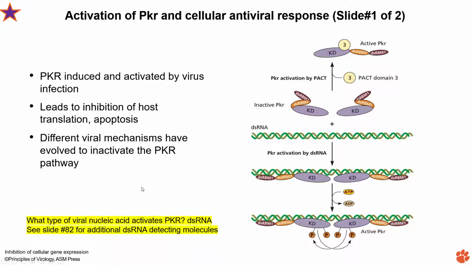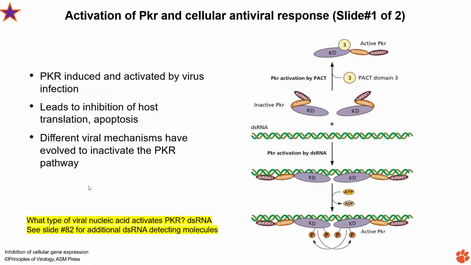We can just ask which of the following will activate PKR, and we can say dsRNA, single-stranded DNA, double-stranded DNA, single-stranded RNA, but you know that it is double-stranded RNA. Single-stranded RNAs will not activate PKR. So that is important. Or say silencing RNA, that kind of thing is completely out of the blue. Those are not the answer. Double-stranded RNA is the answer.